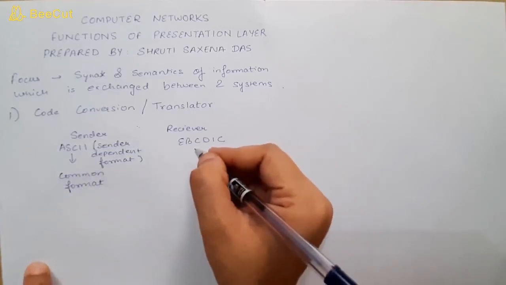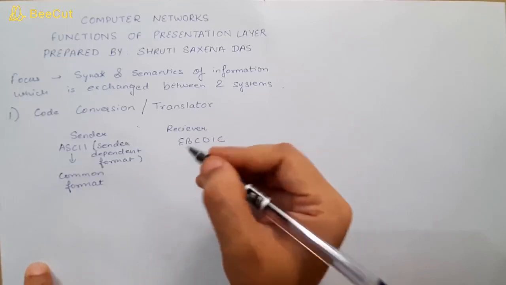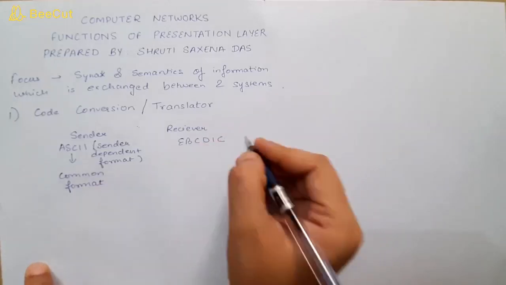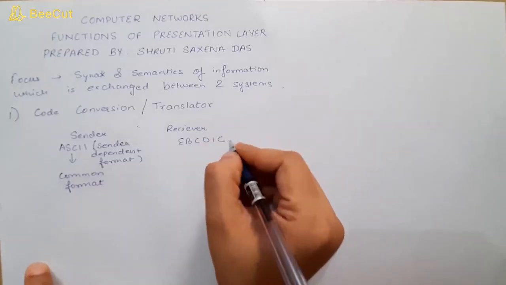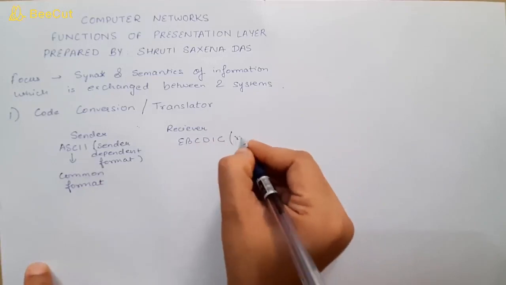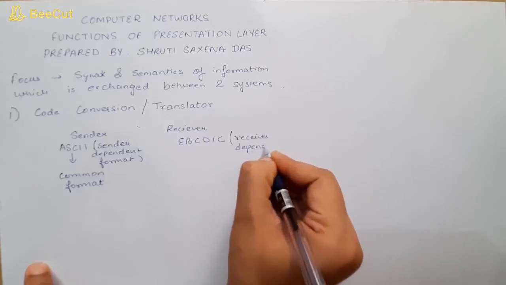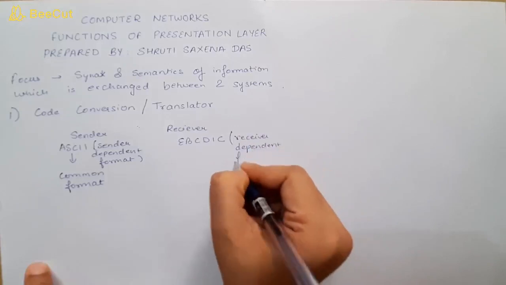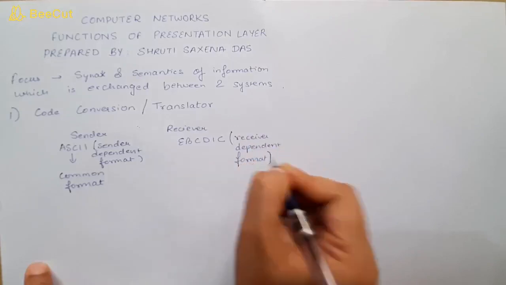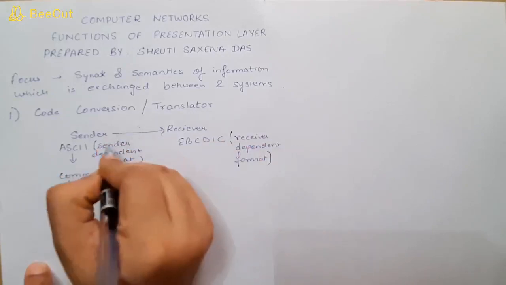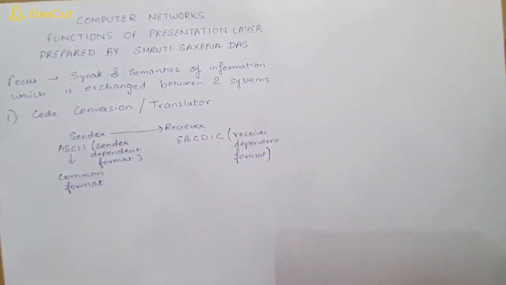Then at the receiver end similarly it changes the common format which will be received to the receiver dependent format. Okay, so it is the responsibility of your presentation layer to manage these differences of representation methods.